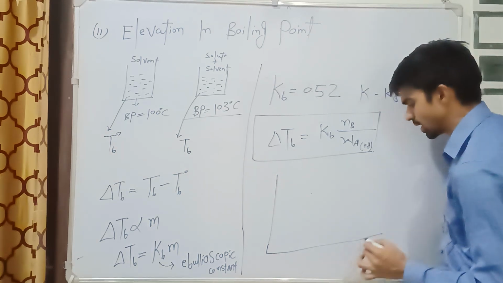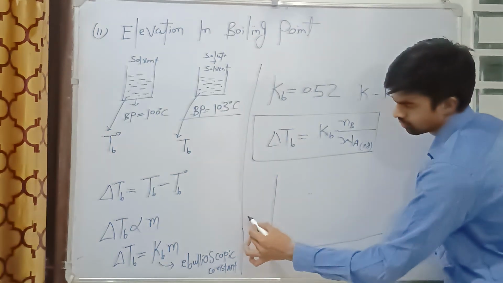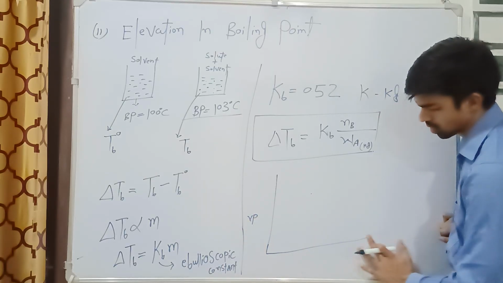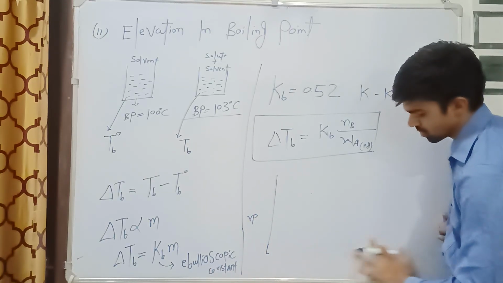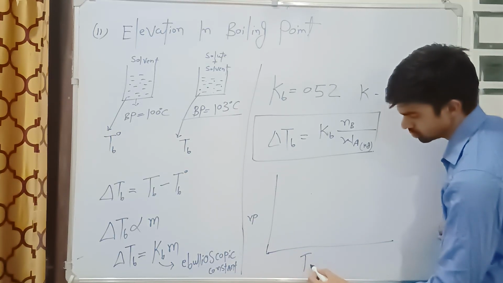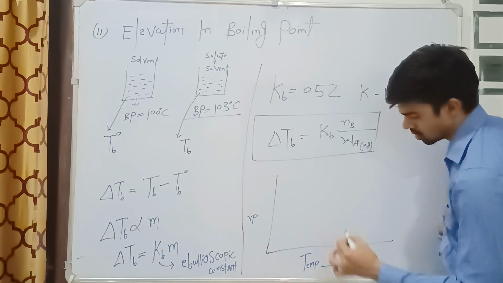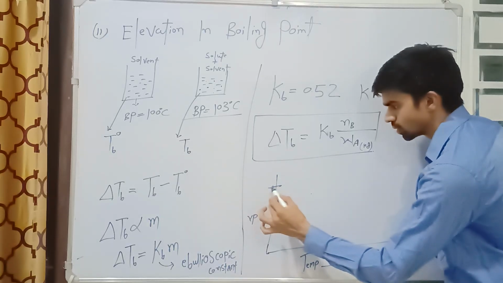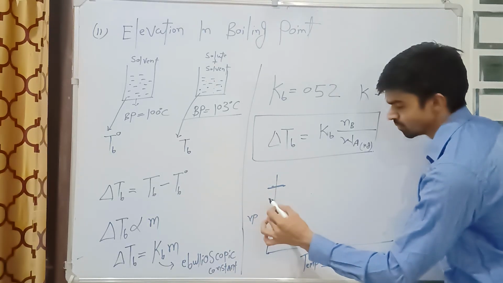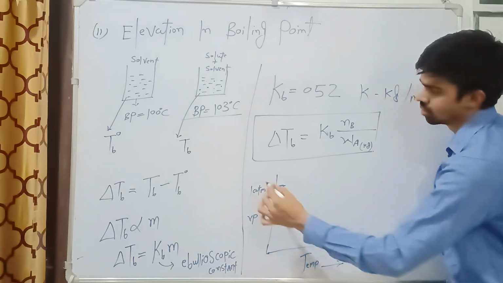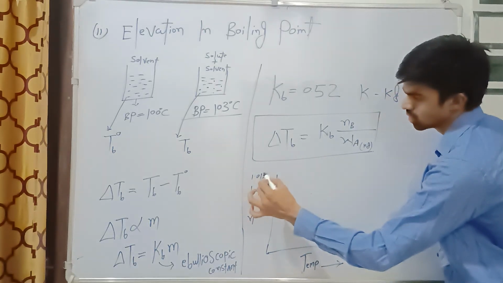like this. If we draw a diagram between vapor pressure and temperature, this is atmospheric pressure, 1 atm or 1.013 bar.